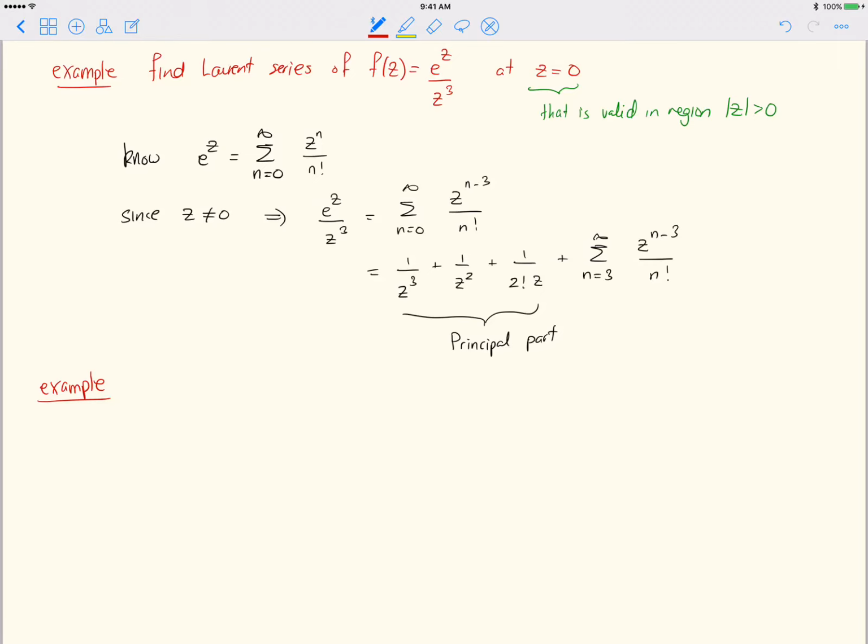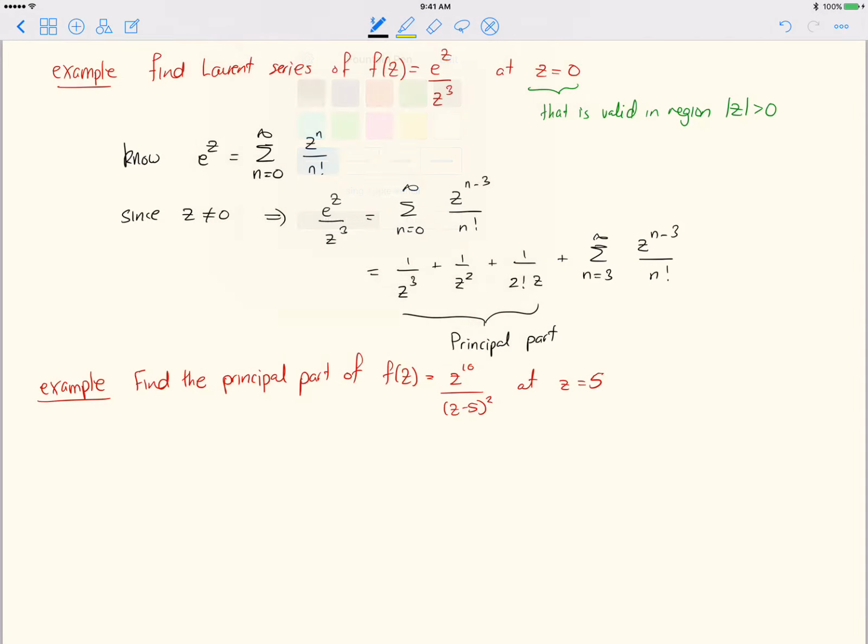I want to find the principal part of f of z equals z to the power of 10 on z minus 5 squared at z equals 5.